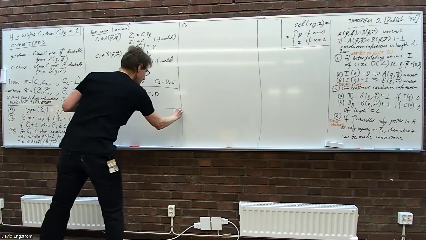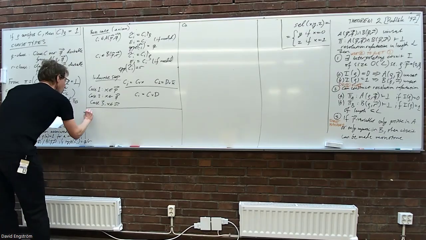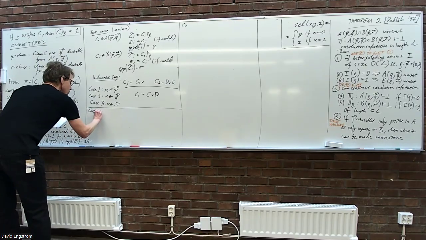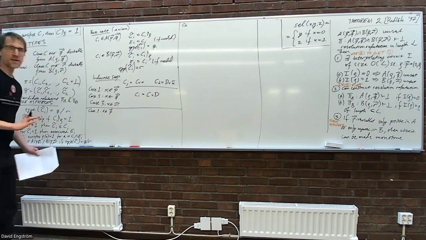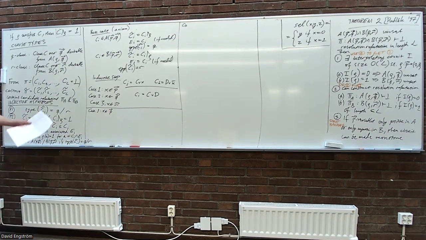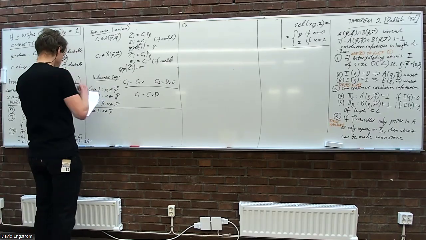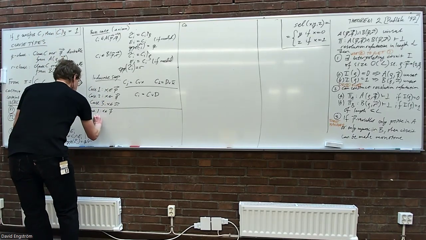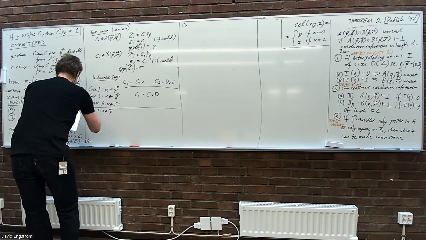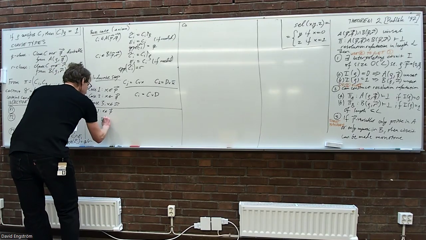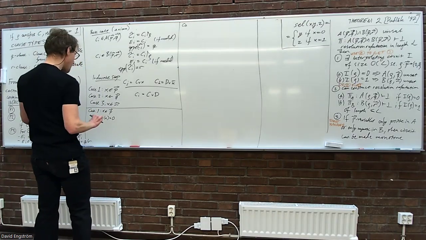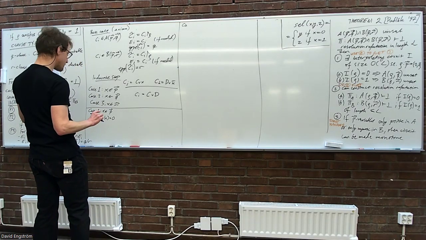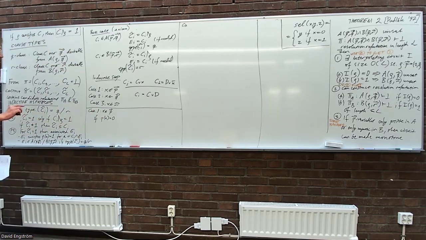Actually, let me continue here. Case one is that X is in P. Note that it means that X has a value, right? I restricted X. If rho of X is 0, then I don't have too much choice here.